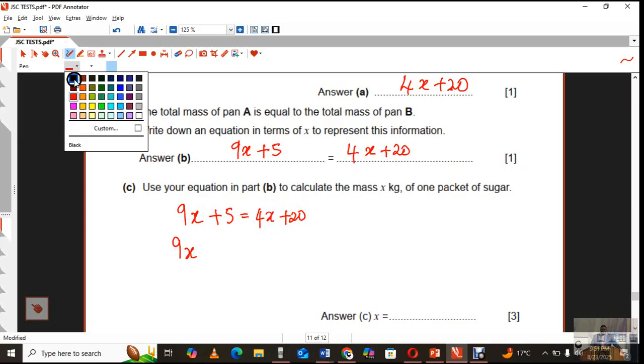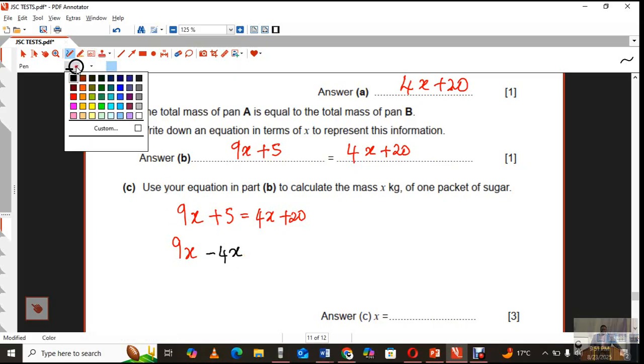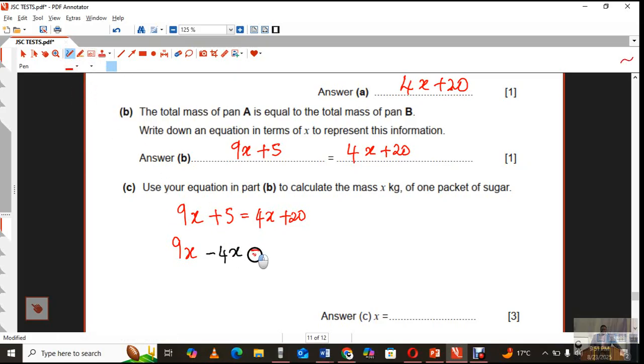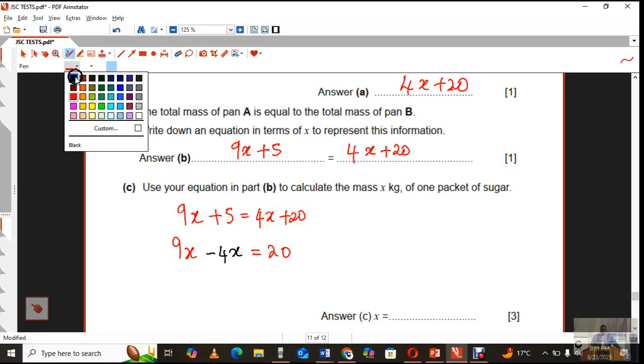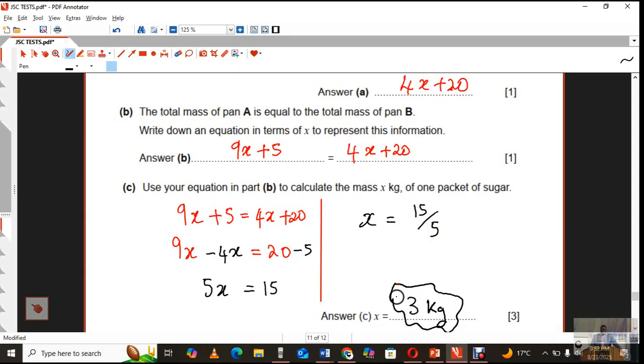That means I'm going to add all the terms that contain the x's to one side, since that 4x is positive. When it comes over, you subtract. And then you're going to subtract 5 from both sides as well. So this leaves me with 5x is equal to 15. And I think from here onwards, it's quite straightforward what our answer should be. Our answer x would be 15 divided by 5, which is 3 kilogram as an answer.